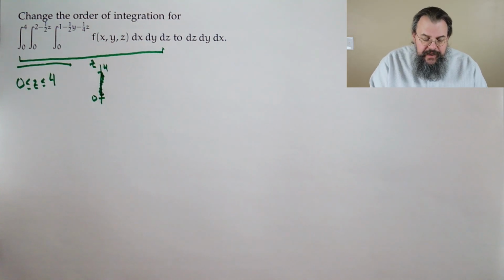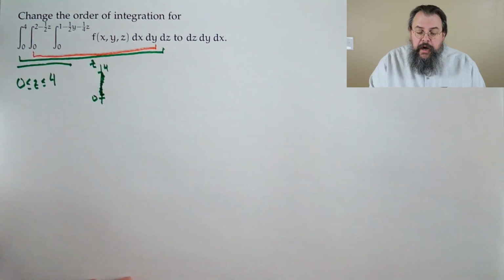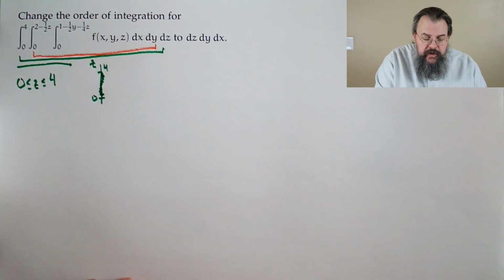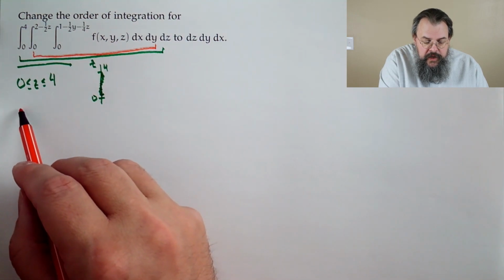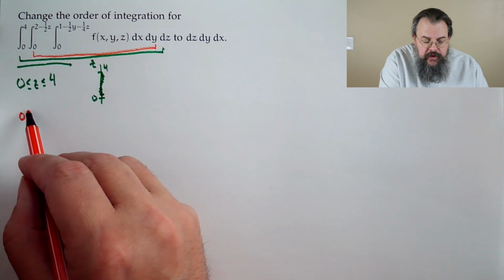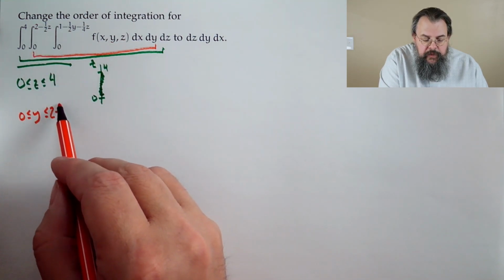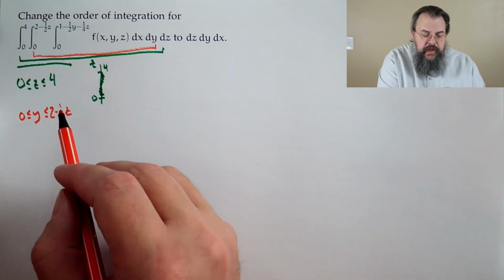Now let's go to our next layer, which is y. What does that say? Well, we're told that these are y bounds, so y equals 0, or really 0 less than or equal to y, up to 2 minus 1/2 z.